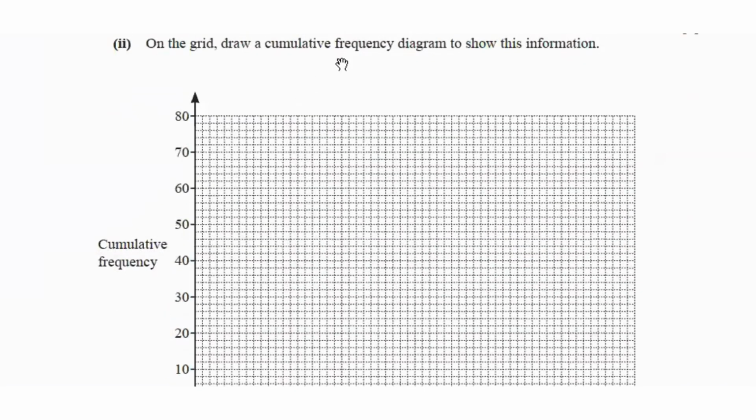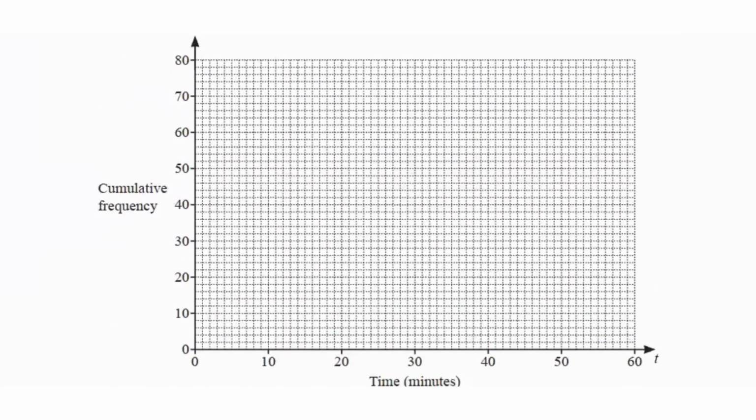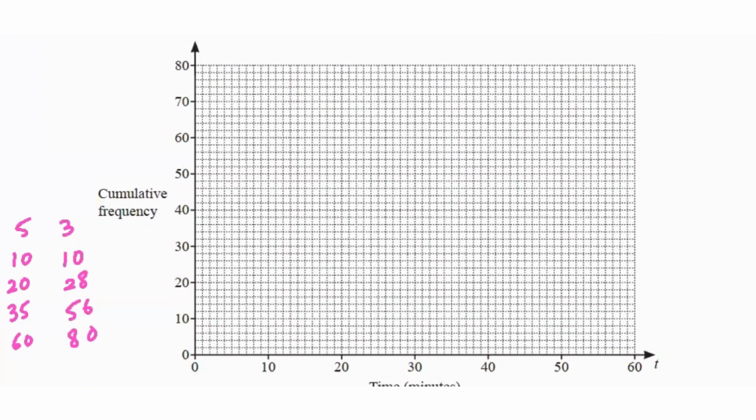On the grid, draw a cumulative frequency diagram to show this information. So let's plot these now. At 5, 3. So it's going to be over here. Then 10, 10. Then 20, 28.